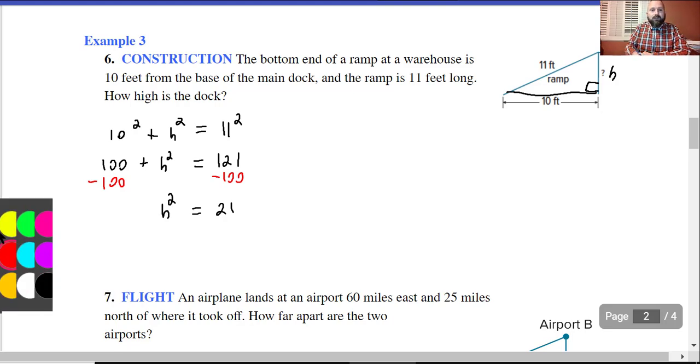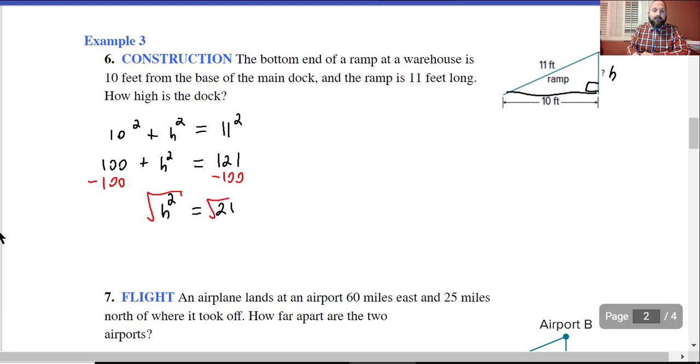So now all I have to do is find the square root. I find the square root of h squared, which would be h, and I find the square root of 21, which is... oh, it's just 21. So if this is a real-world problem, I should actually find out what the answer is, and it's 4.58.